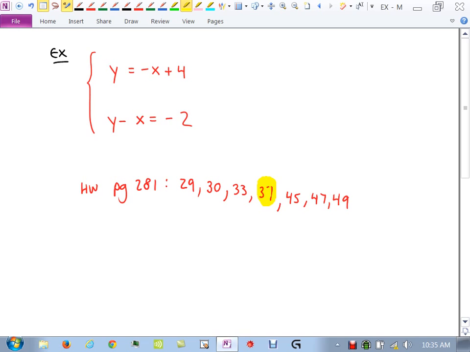I highlighted number 37. It's a little weird. When you get to that on your homework, don't freak out. Just think through it.